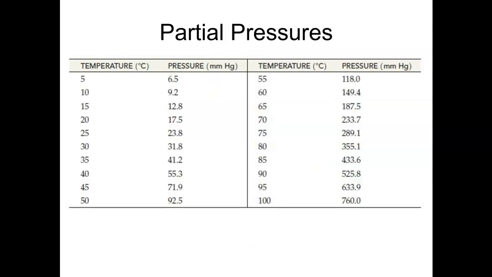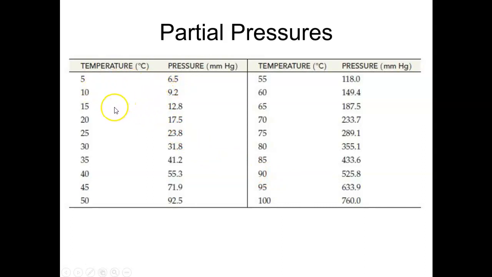Okay, now you're going to start getting more and more familiar with the appendices on the back of your book. This is not Appendix B, but it's an analog of Appendix B. I just pulled this image off the internet somewhere, but Appendix B essentially has all this same data, which is the vapor pressure of water at different temperatures.